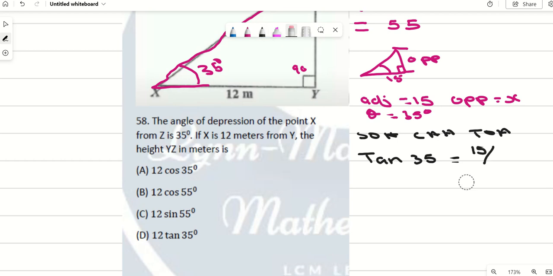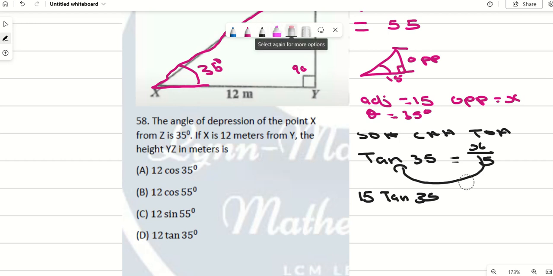I made a mistake. The opposite is first, so it's X over 15. So if we want to make X the subject, you carry across 15 here. So it's 15 tan 35. Do we have 15 tan 35? Sorry, I'm saying 15. It's not 15, guys. It's 12. Yeah, it's 12. So the answer would be D.